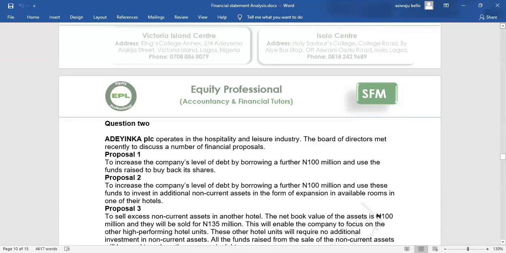Our asset turnover ratio is the revenue divided by total assets. And our financial risk multiplier is the total assets divided by shareholders' funds. These three ratios can be used to explain return on equity.